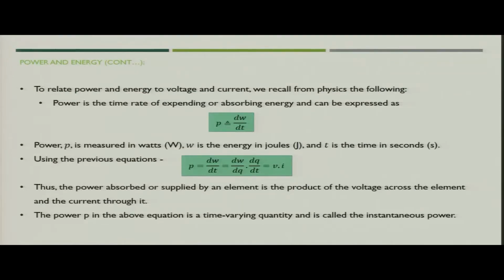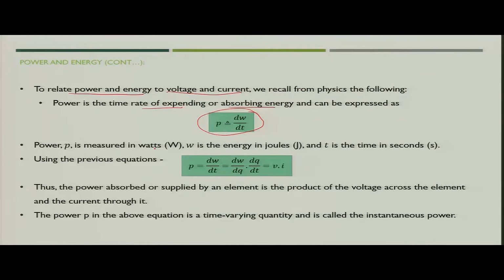Now, let us find out how to calculate power and energy, because these are derived from voltage and current. Power is nothing but the time rate of expending or absorbing energy. In mathematical terms we can represent it as P equals dW by dt, that is the rate of change of energy.